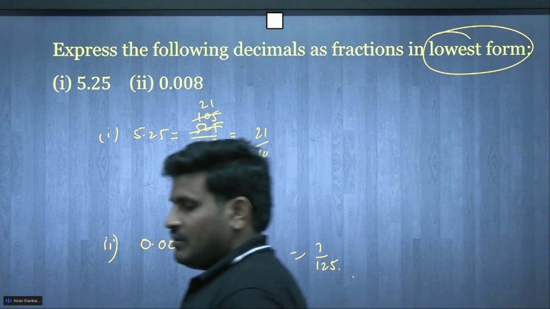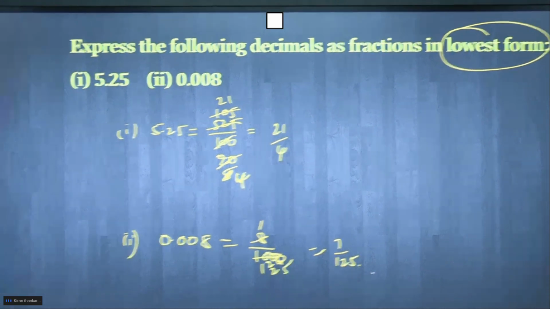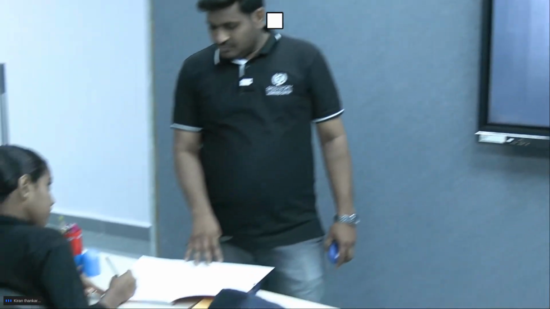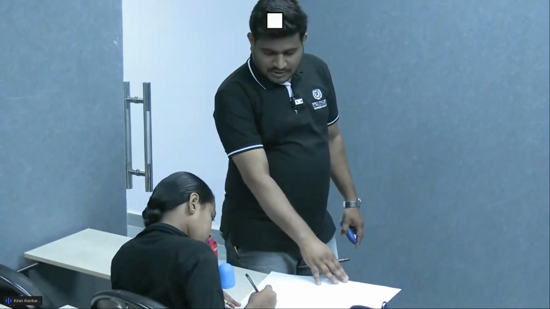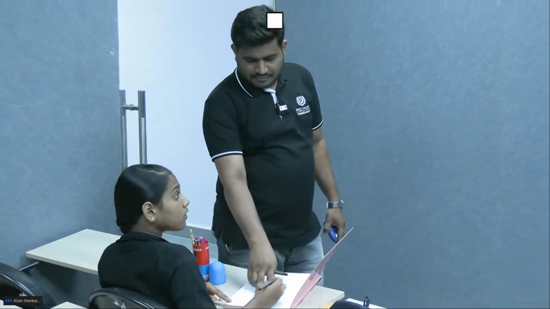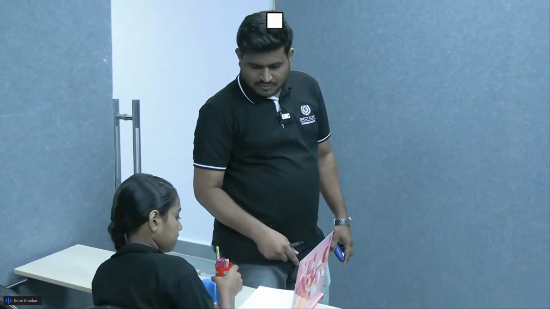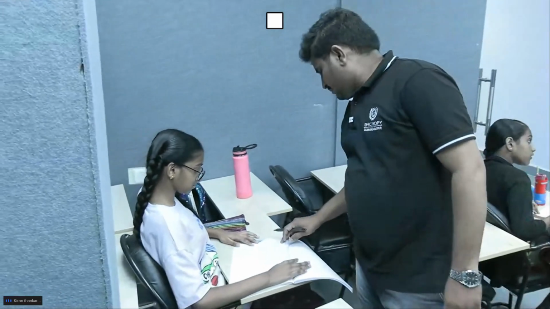Srinidhi, where did you note it? Ramesh. Five 25 by 100, then you write that 5 table. How is it possible? Take the 20. Okay. You completed. Okay, fine.